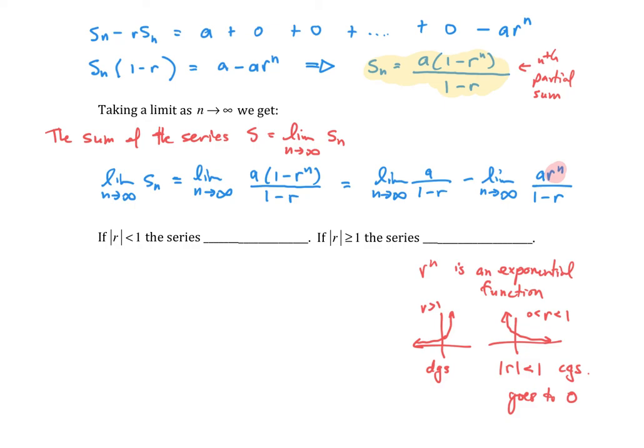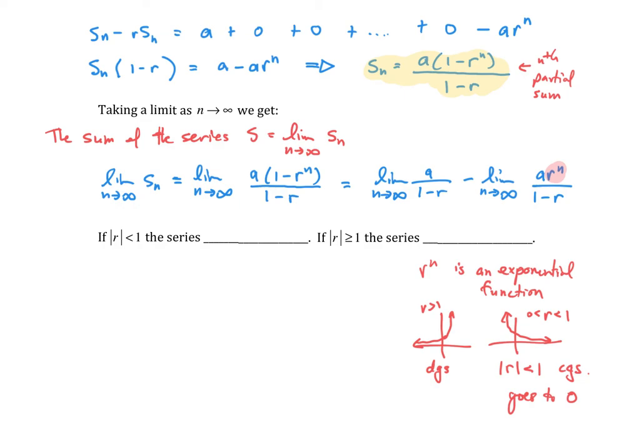All right. So what I'm trying to say is that this whole term on the end here is either going to be 0 or it's going to make our whole series diverge, because once one piece diverges, the whole thing is going to diverge. Okay?